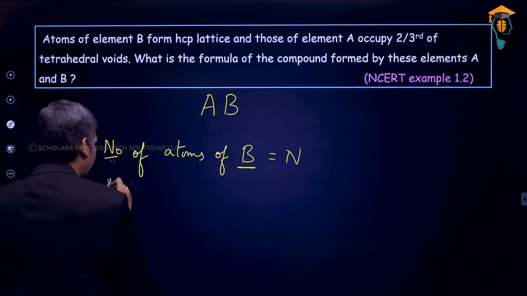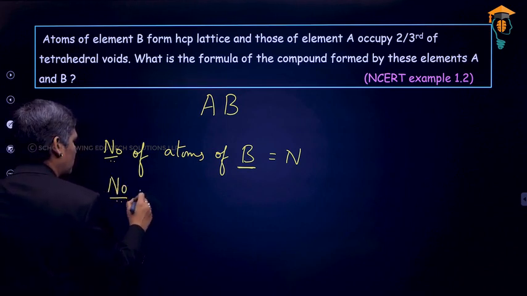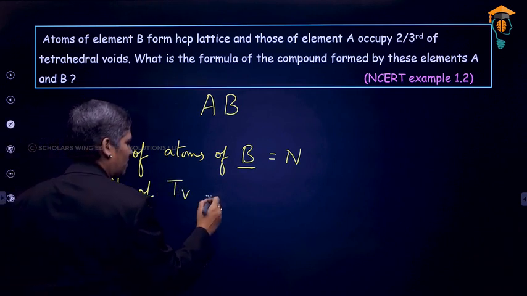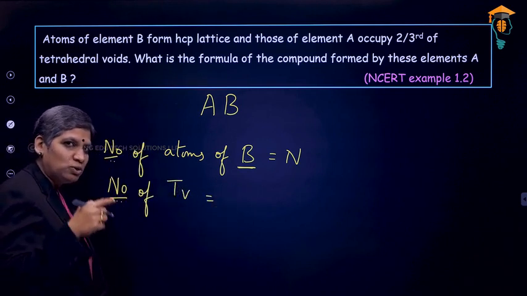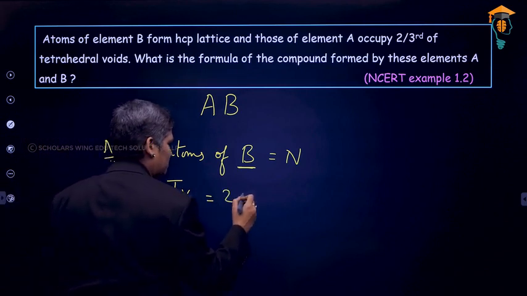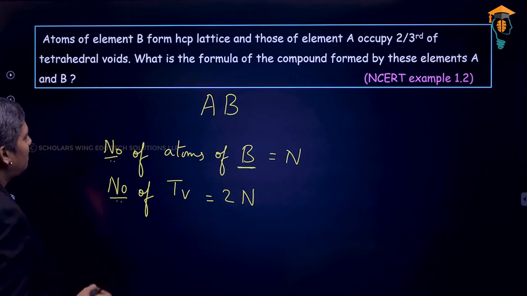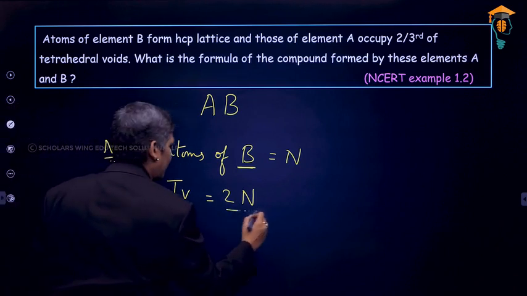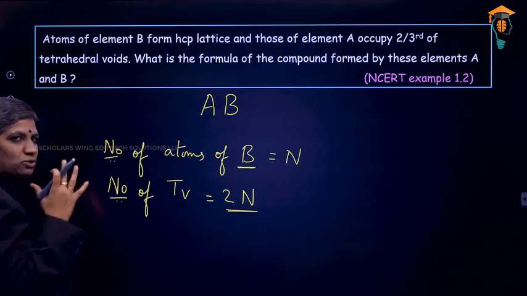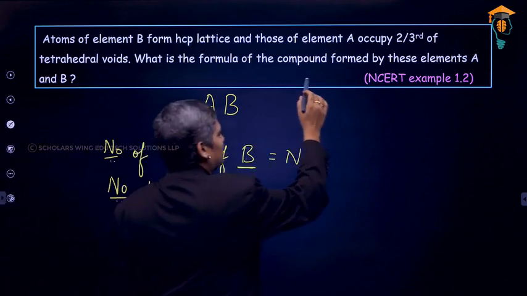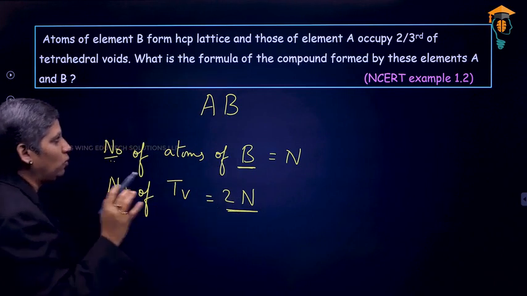But actually, we know, as per the relationship we just now saw, the number of TV is actually twice the number of spheres, that is 2n. This is the relationship just now we saw. But though 2n TVs are available, still it is given that the element A occupies 2/3 only.